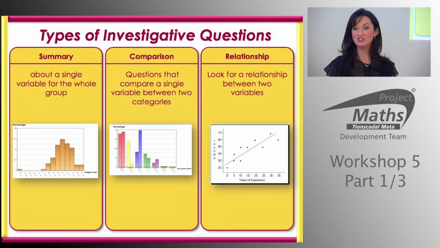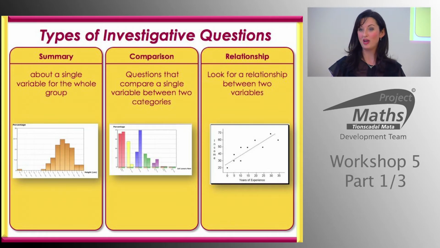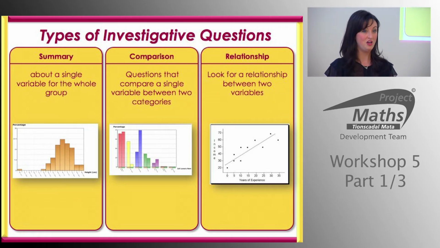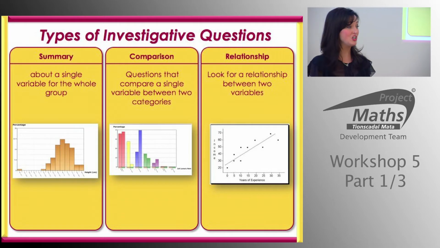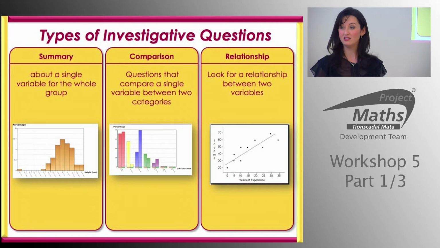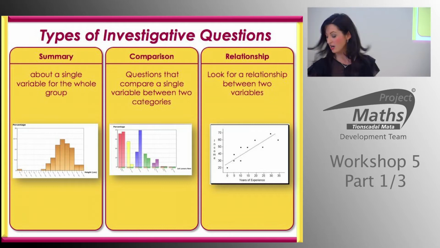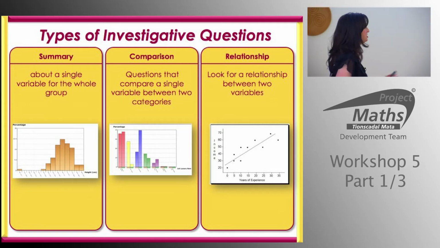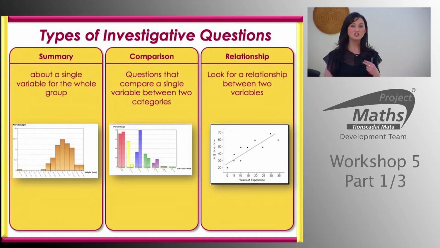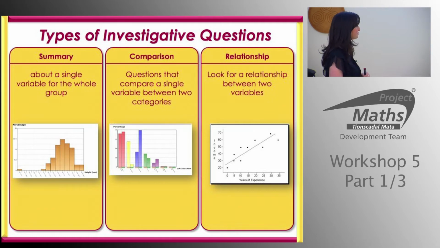They might be interested in age compared to the use of the mobile phone. Or as we look at later, we're going to look at the relationship of a person's height compared to a person's arm span, and if there's any relationship between that. So those are the kind of things that the kids will look at once they get up into their Leaving Cert curriculum.